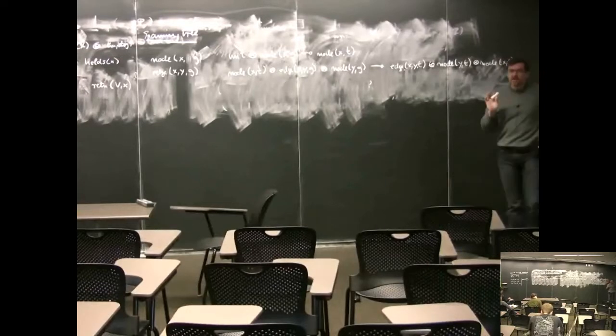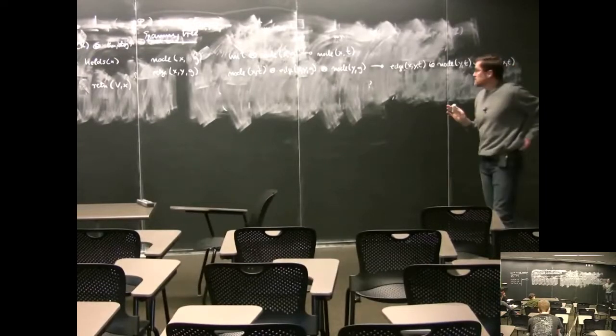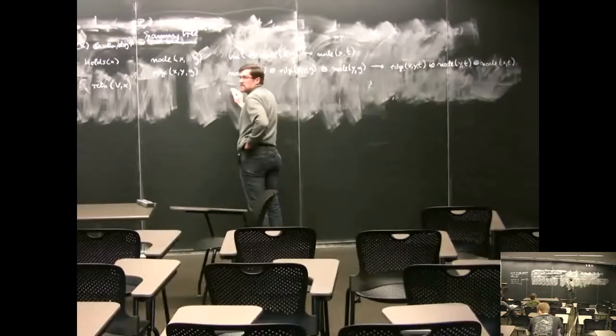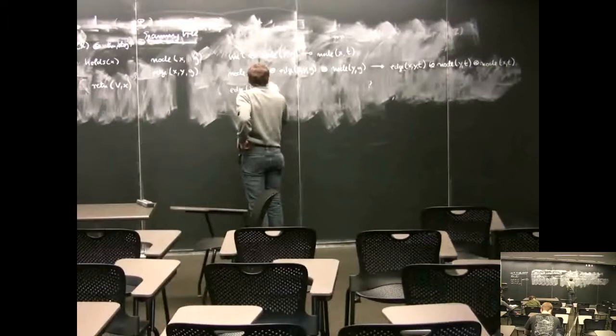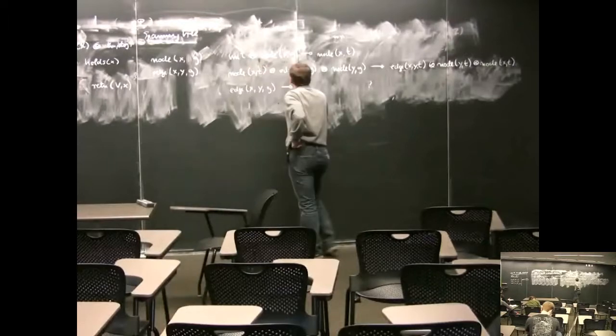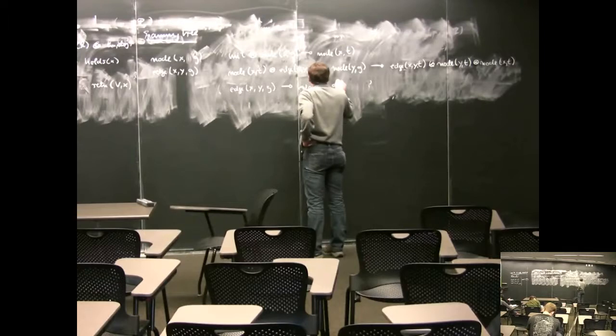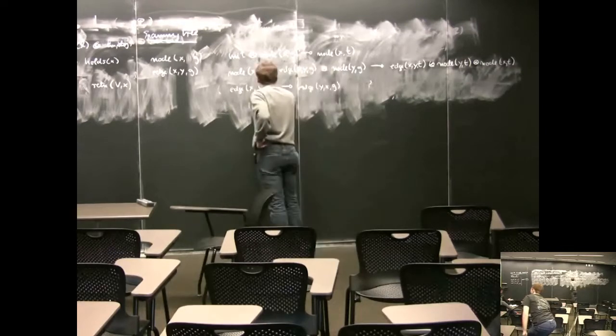Now there was one more thing that we have to worry about. The graph was undirected. How did we do that? Edge(x, y, g) goes to edge(y, x, g), except this g is different, so let me write h when it's a variable.